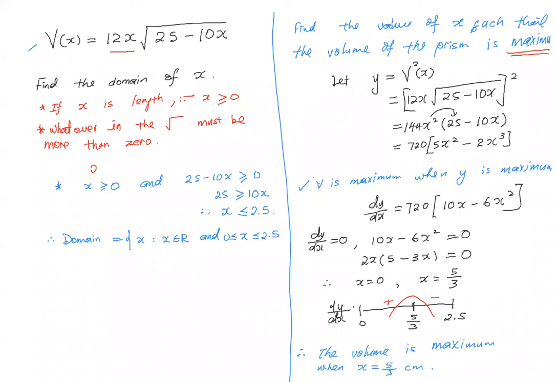If I differentiate from here, I can also differentiate from here. Let me show you how I get V prime x, so you compare the difficulty of it. So I put the 12 outside. This will be my u, and this will be my v.